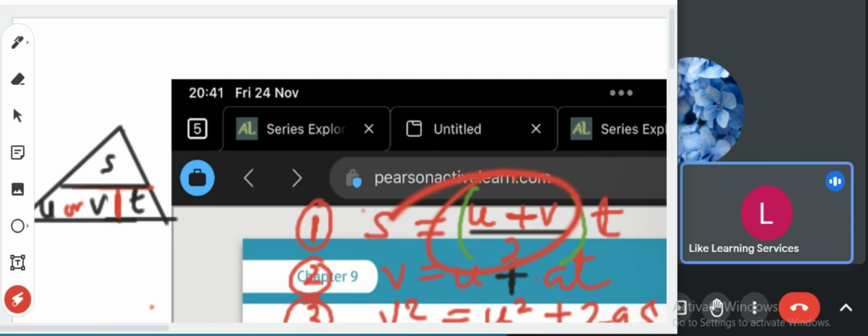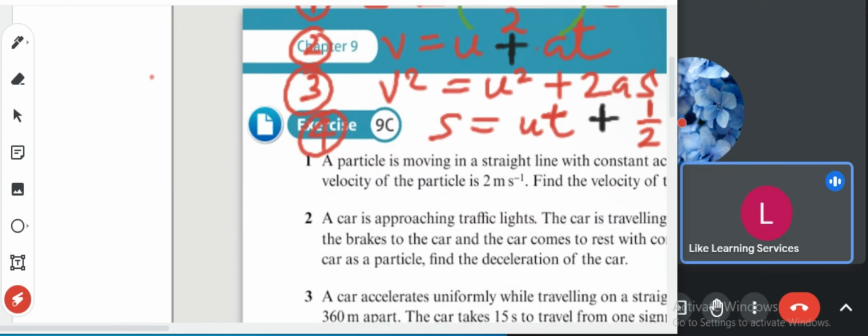If speed was constant, we would just say distance equal to that constant speed times time. But if speed is not constant, the case you have in most motions, you have to use this formula, which is distance equal to average speed times time. Alright, so that's basically it.